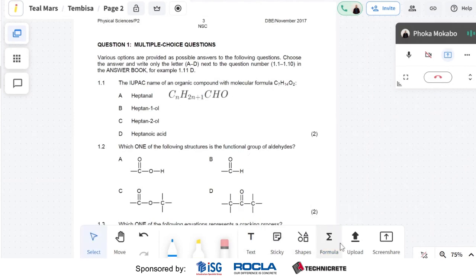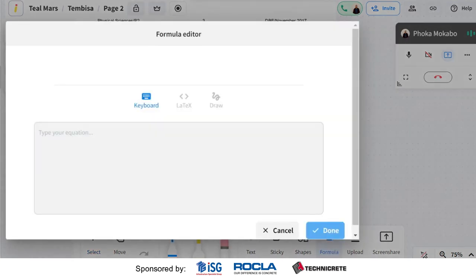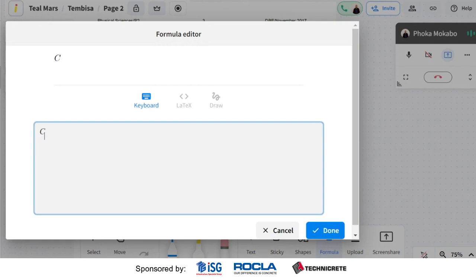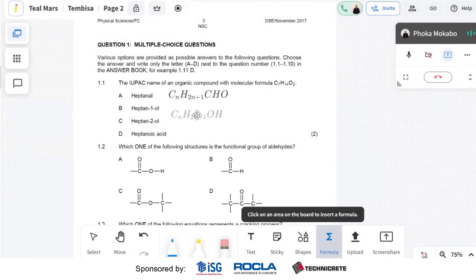We'll check now whether it does in fact satisfy that. For alcohols, we have CnH2n+1, very similar to the aldehyde, and the difference is that instead of CHO, you only have an OH.